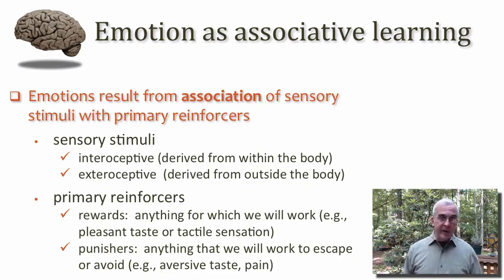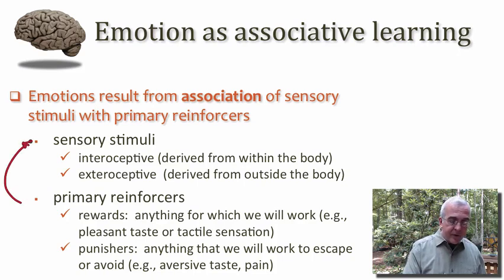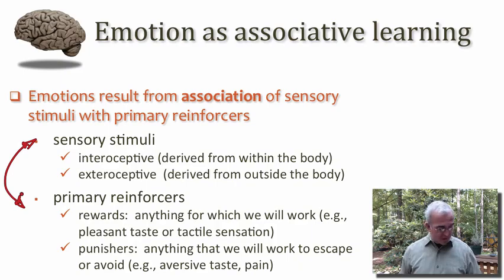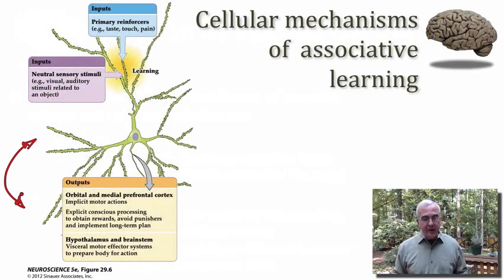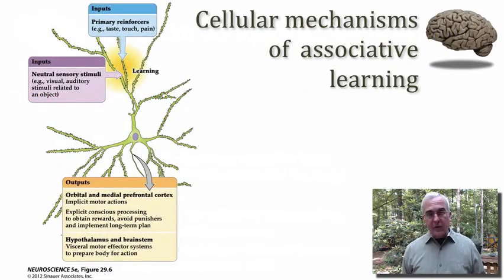It could be an aversive taste. It could be a painful experience of one dimension or another. So the job then for building up an emotion would be to create some kind of association between primary reinforcers and sensory stimuli.